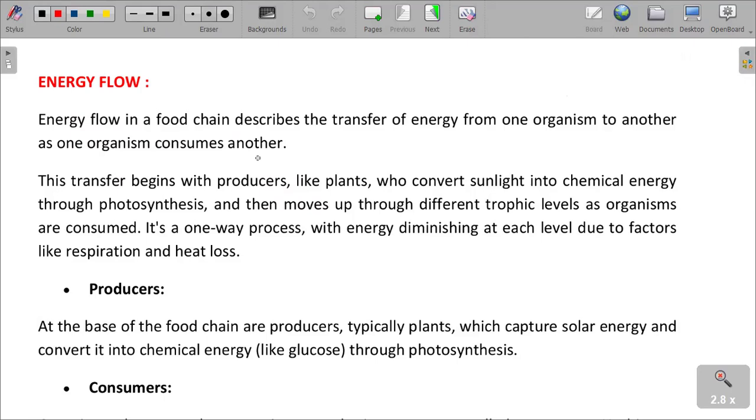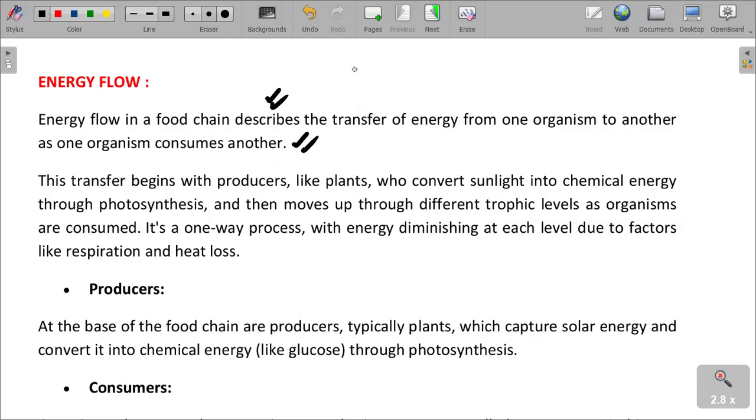So we want to talk about energy flow, and what is energy flow in a food chain. It describes the transfer of energy from one organism to another as one organism consumes another.